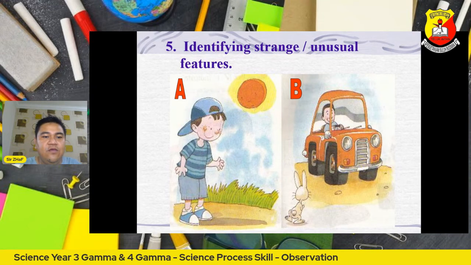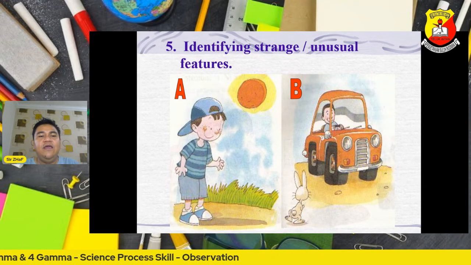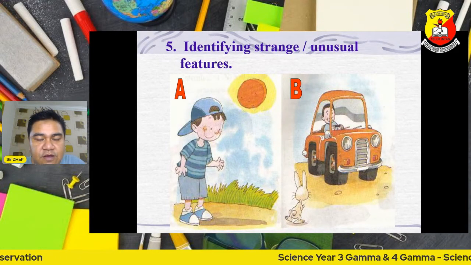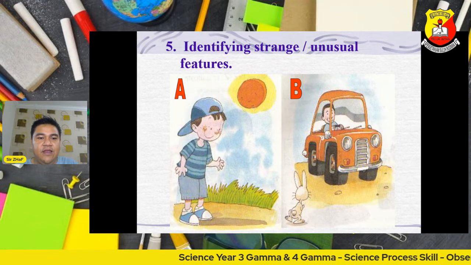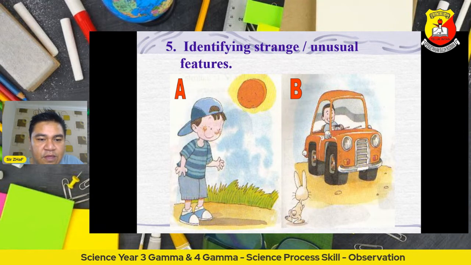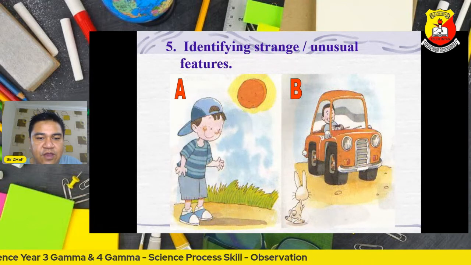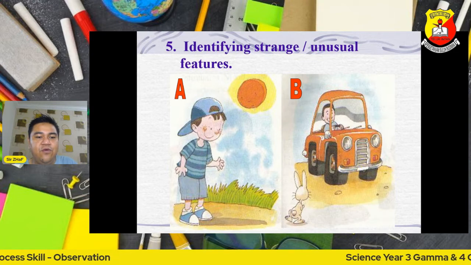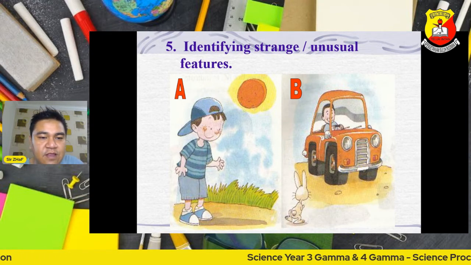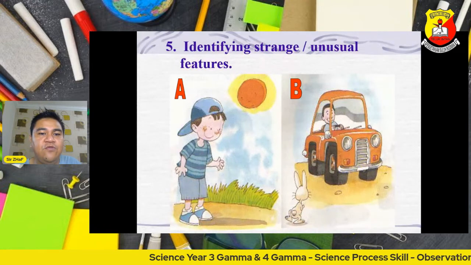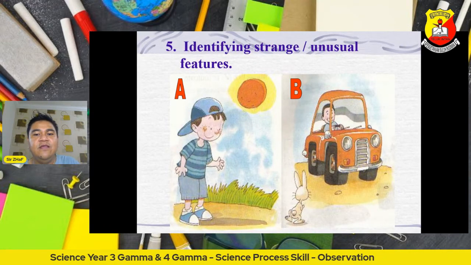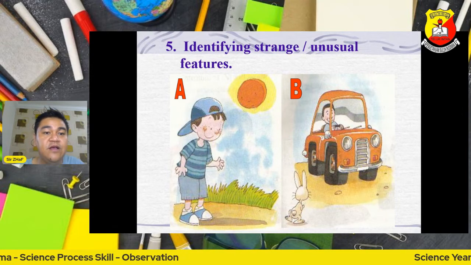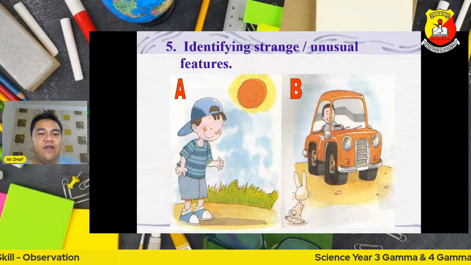There is a sun, the boy, and the shadow of that boy. The shadow is obviously strange or unusual because the sun is in front of that boy, so the shadow should be at the back, not in front.